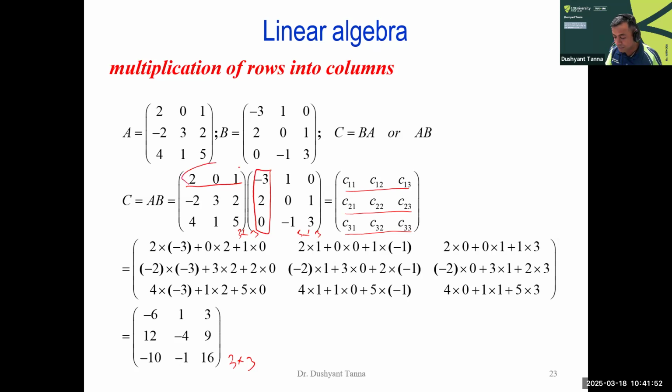So I would literally block everything else. And then move your fingers. 2 with minus 3, 0 with 2, and 1 with 0. Move your fingers, right? As I'm pointing, use the laser pointer. 2 with minus 3, 0 with 2, and 1 with 0. That's what I've written here. Okay, the next one.